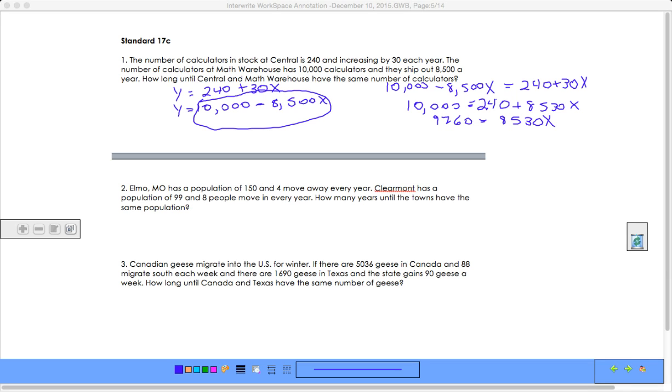Okay, and then we're going to divide by the 8,530. And we get x equals about 1.1 years.